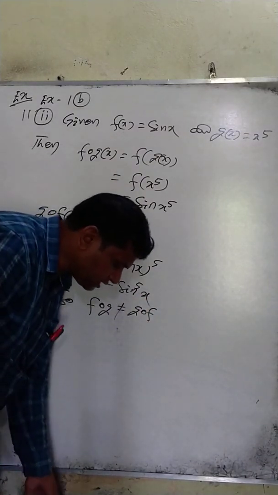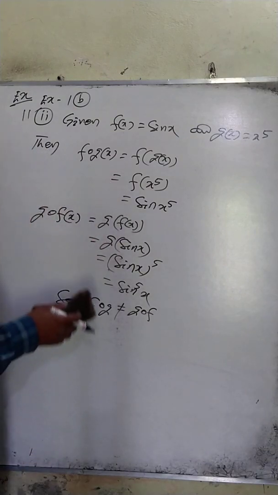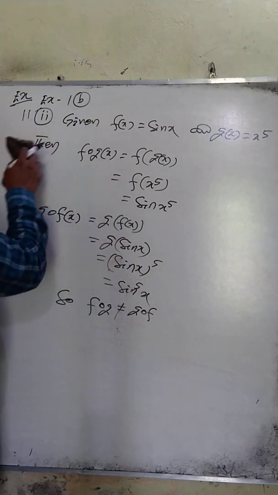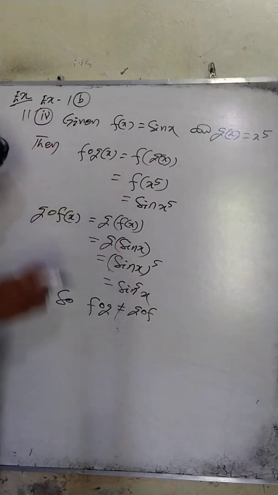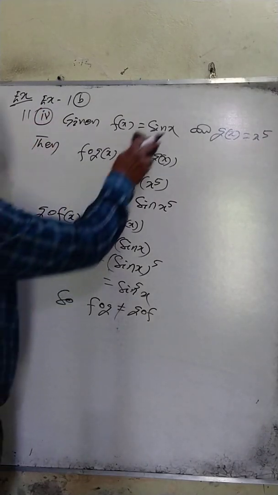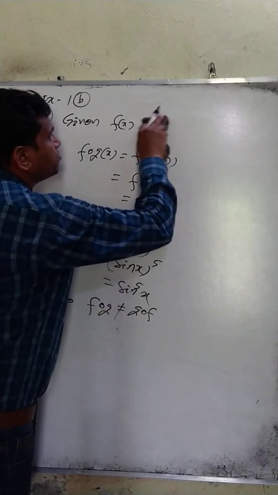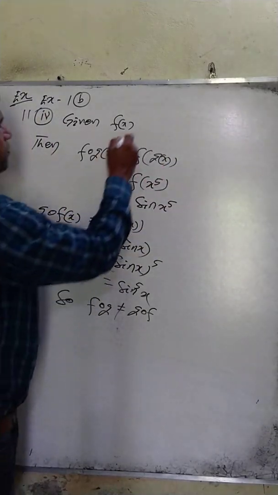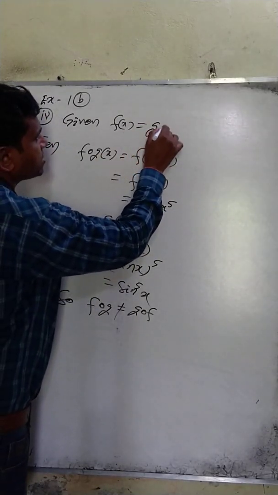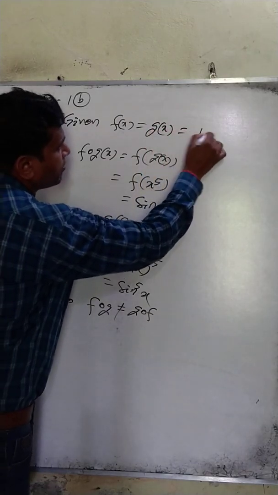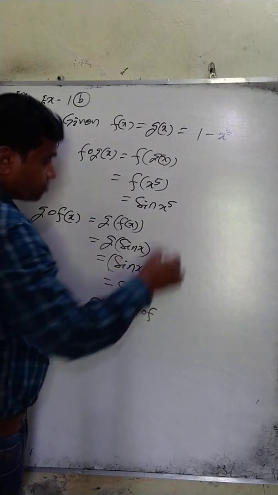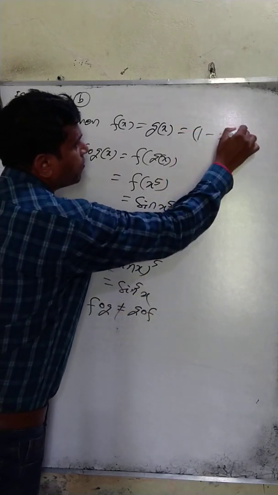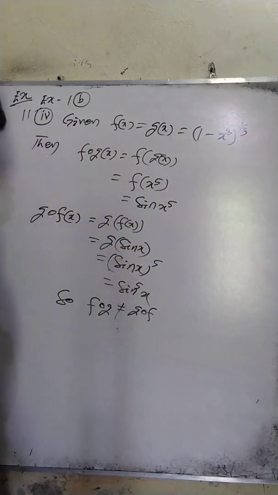Also we take another example, same question 11, part number IV. Given f(x) = g(x) = (1 - x^3)^(1/3).